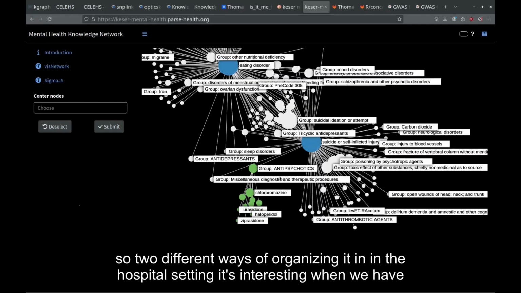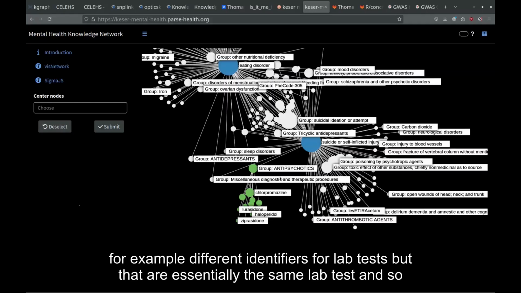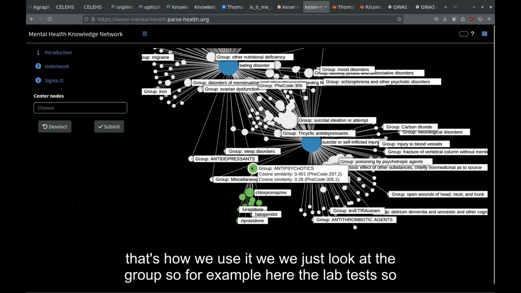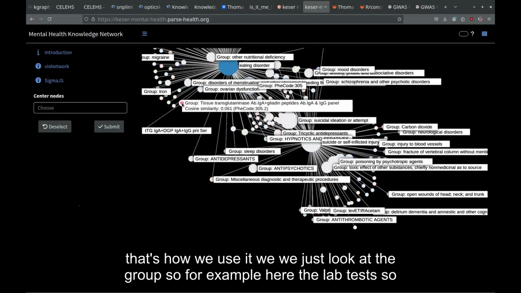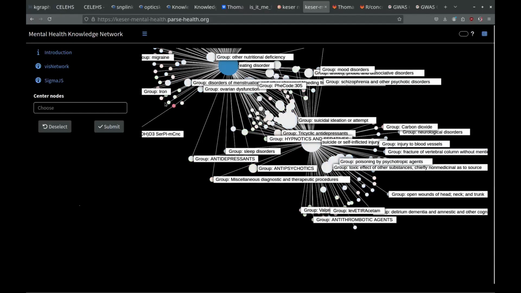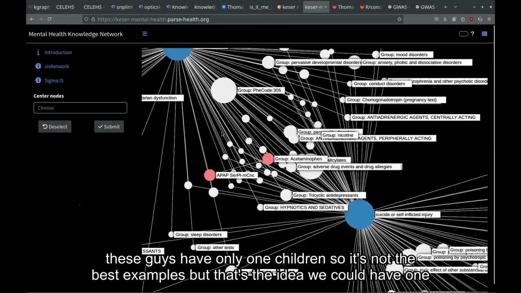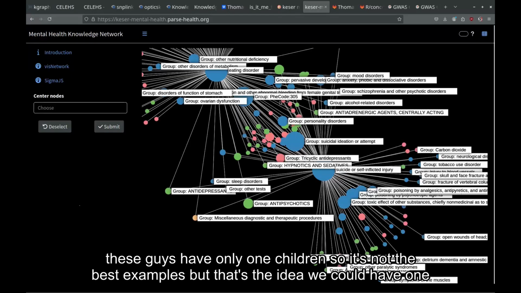In the hospital setting, it's interesting when we have, for example, different identifiers for lab tests that are essentially the same lab test. So that's how we use it: we just look at the group. For example, here the lab tests. These only have one child, so it's not the best example, but that's the idea.